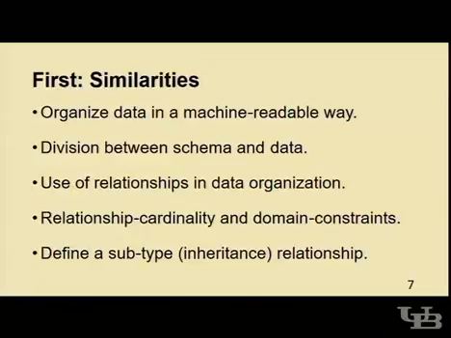And they both allow us to impose some constraints on the cardinality of the relationships or on the type of the data in the domain. We can also define in both a special subtype relationship, even though it's intended in different ways in the two models. In a relational database, that subtype relation would be a one-to-one identifying relationship.